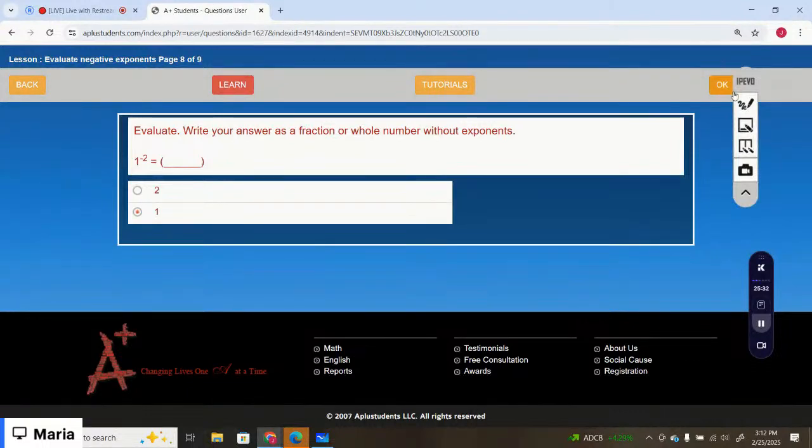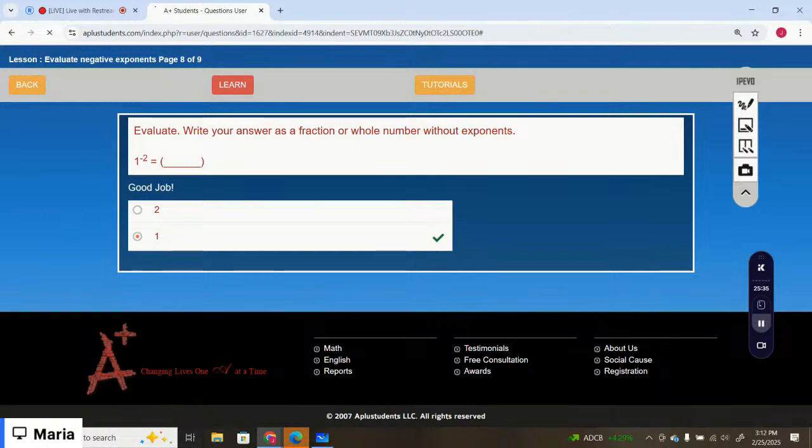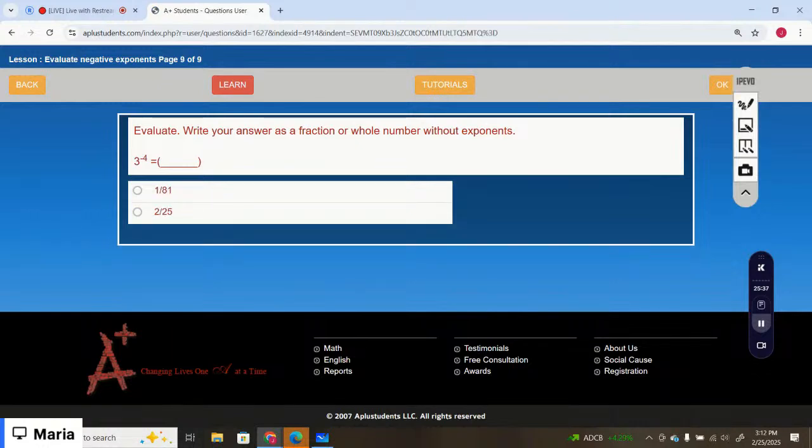Option number 2 is the correct option. 3 exponent negative 4 is 1 over 81.